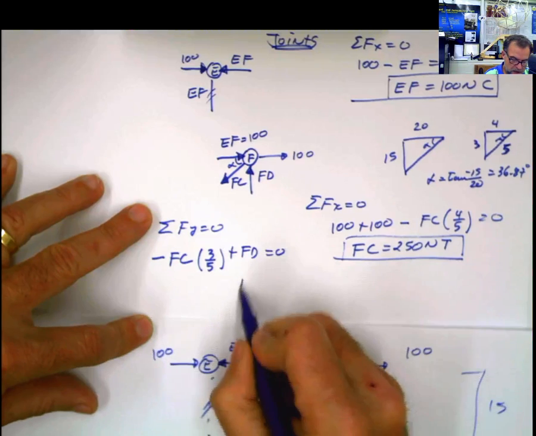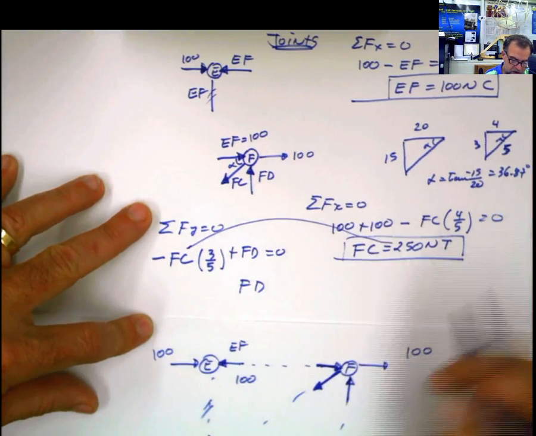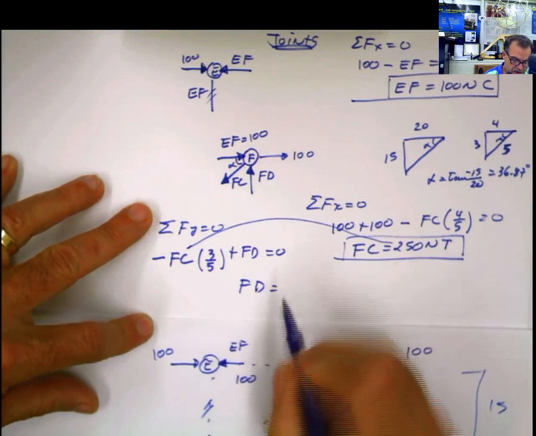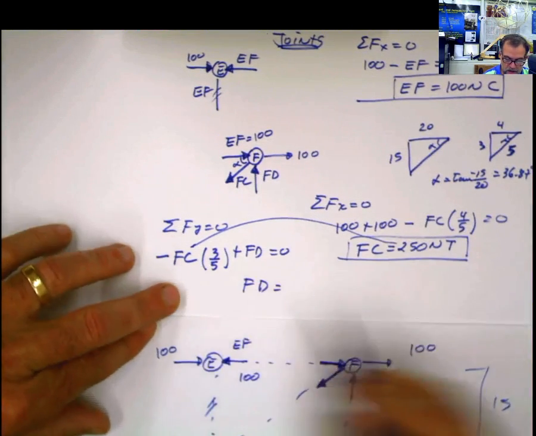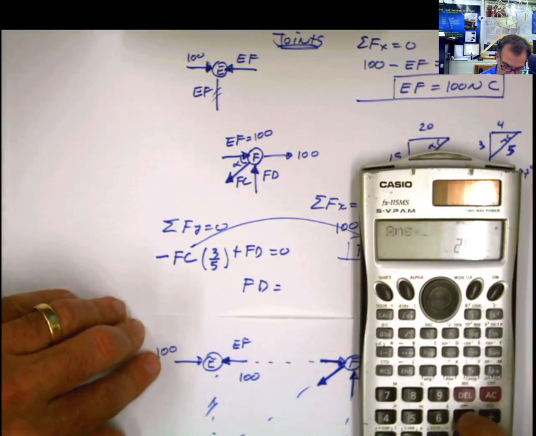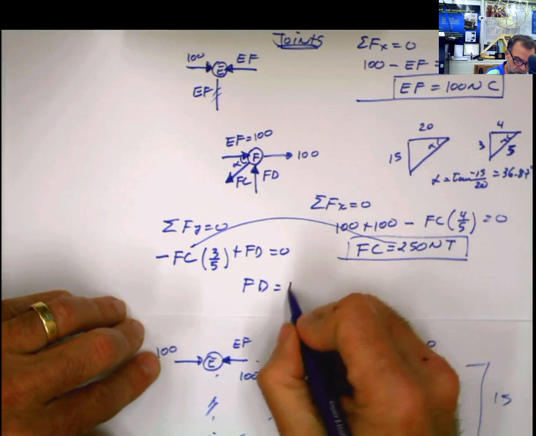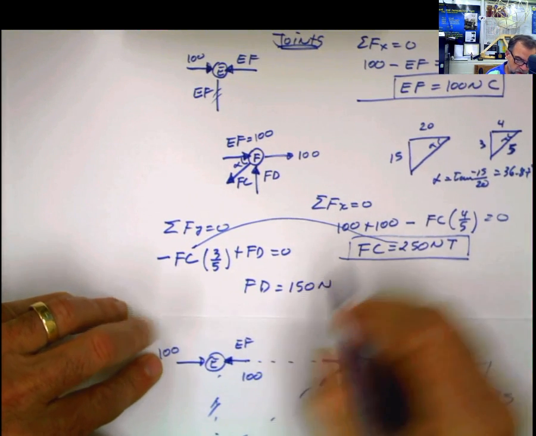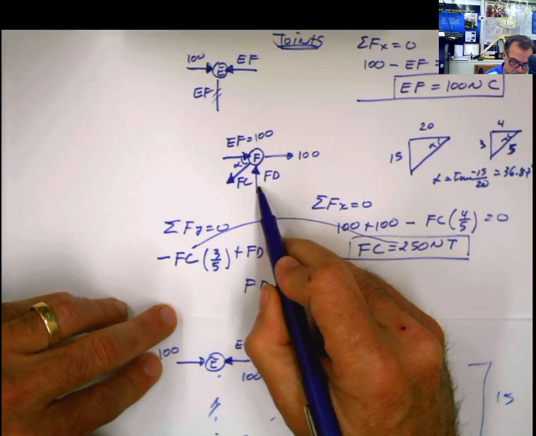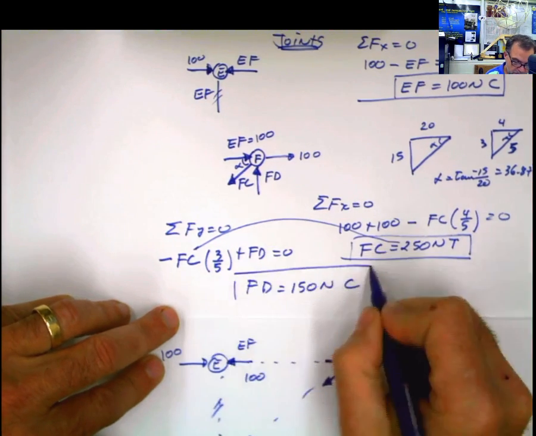And from here I can solve for FD. Remember, FC is 250. So FD equals 3/5 multiplied by 250, times 0.6, that's 150 Newton. What direction? FD is entering the joint, so that means it's in compression.